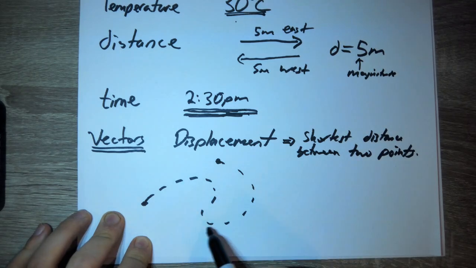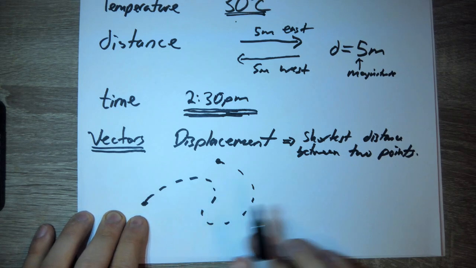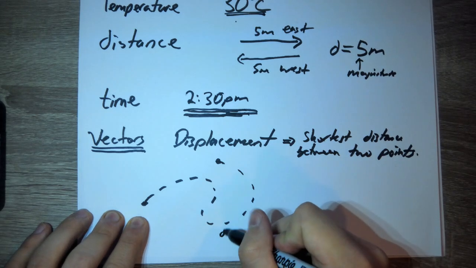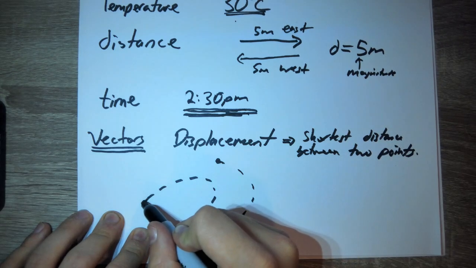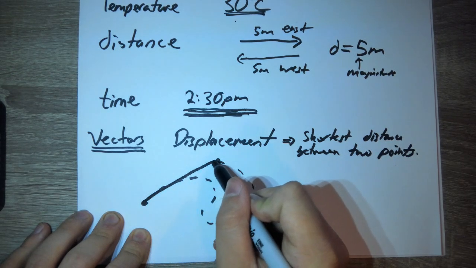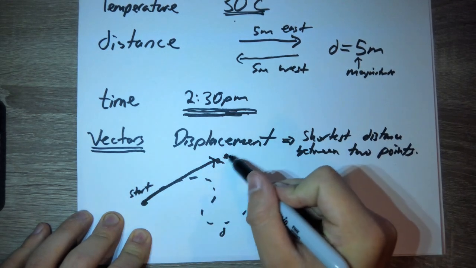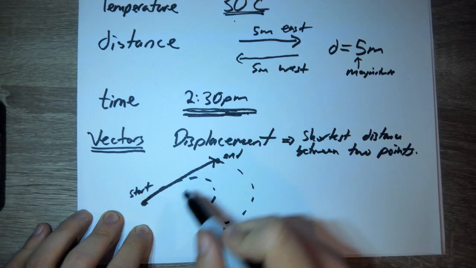The distance they traveled would be if you stretched this curved line out into a straight line and took a ruler and measured it. That would be the distance. The displacement would be this line here connecting the start to the end. So it's the shortest distance between the start and the end point.